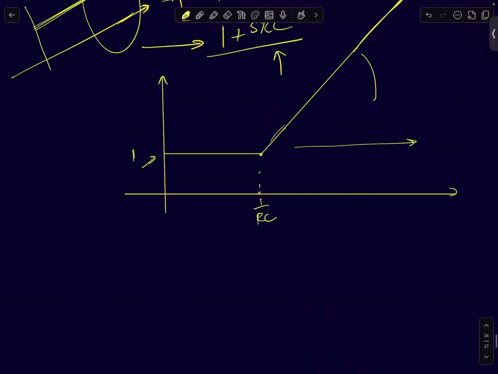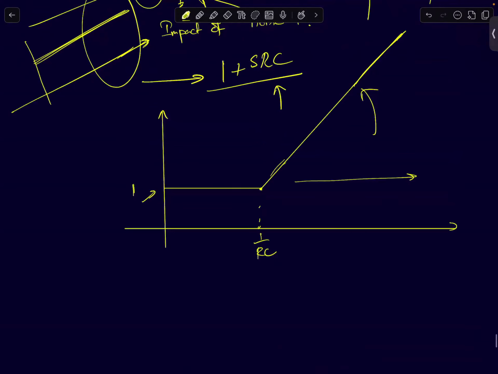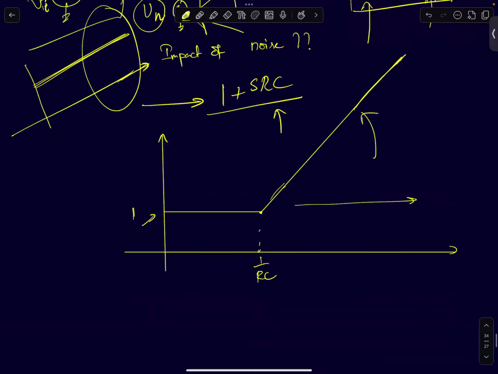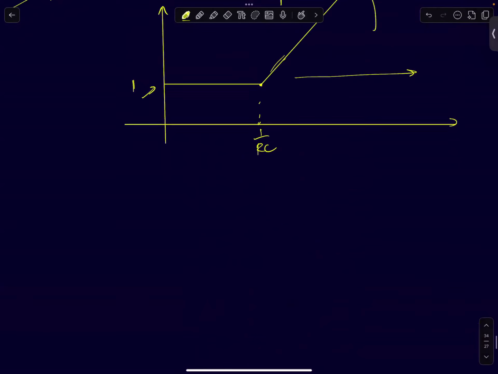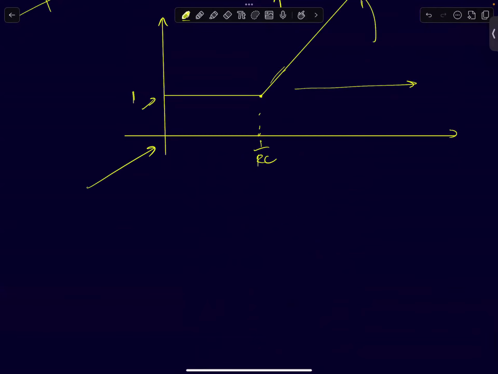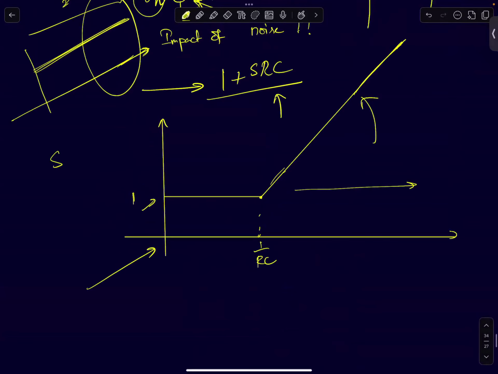Ideally, it was supposed to go to infinity. If I take an ideal differentiator, assuming that A, the gain of the op-amp, is infinity, the transfer function for this circuit is SRC. Remember, this is the noise transfer function, not the signal's transfer function. The signal's transfer function is just SRC with a minus sign. This 1 plus SRC is actually the noise transfer function.